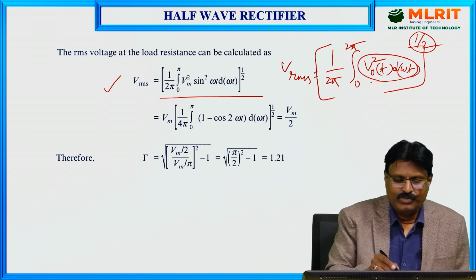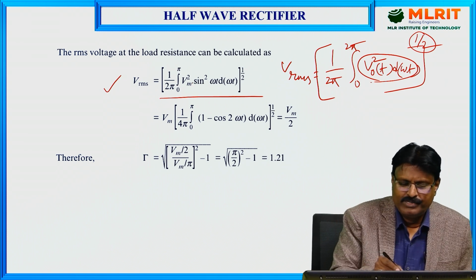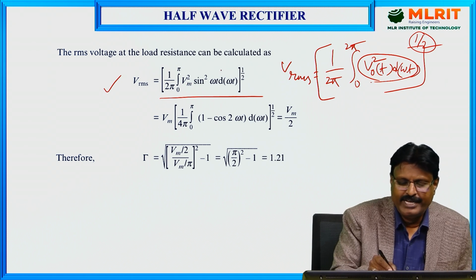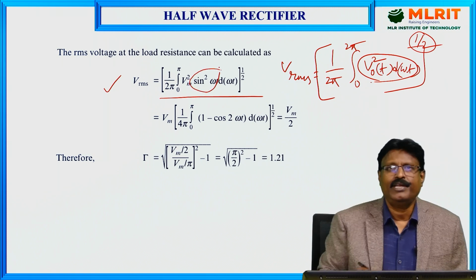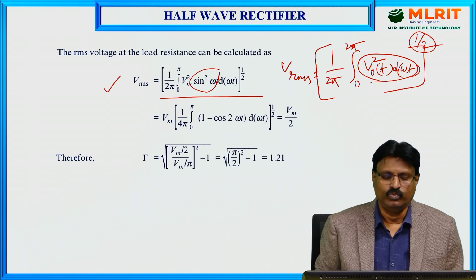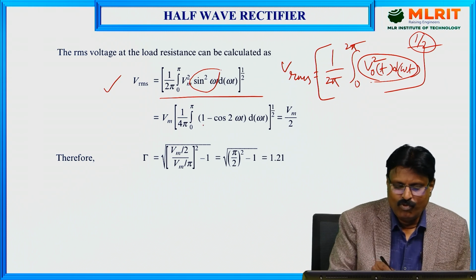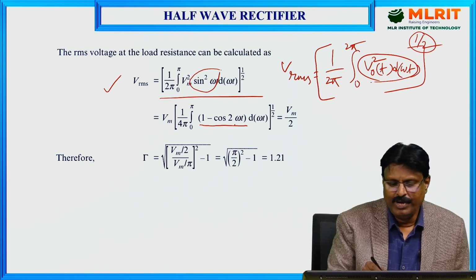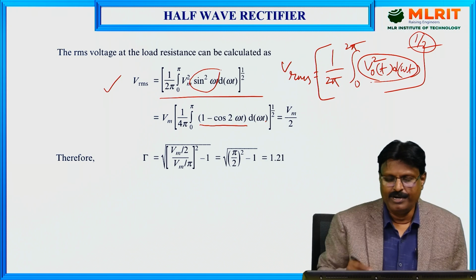Since it is squared, Vm square becomes Vm taken outside, and here 1 by 4. Sine square theta can be written as (1 minus cos 2 theta) by 2. So the same thing here is written as (1 minus cos 2 omega t) by 2, and the 2 already there makes it 4 pi. 1 by 4 pi integral 0 to pi (1 minus cos 2 omega t) d of omega t.